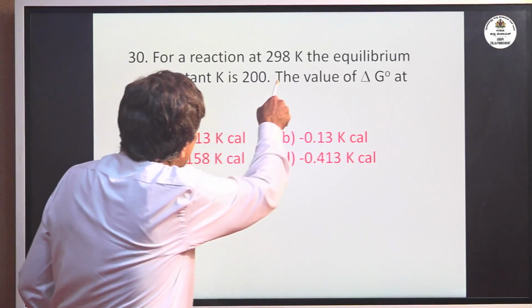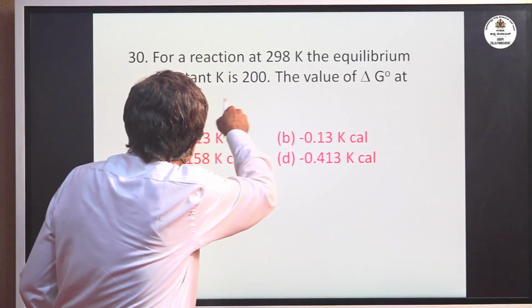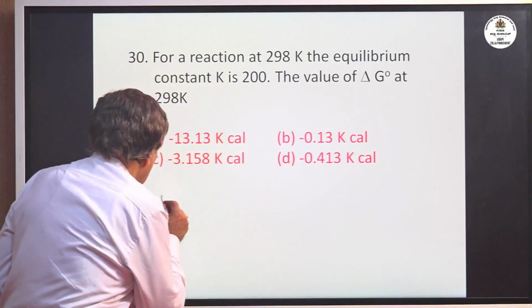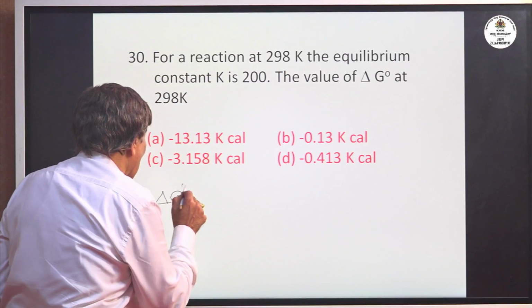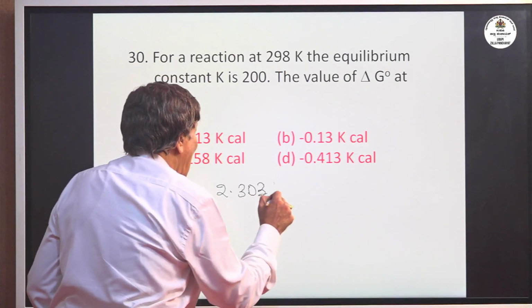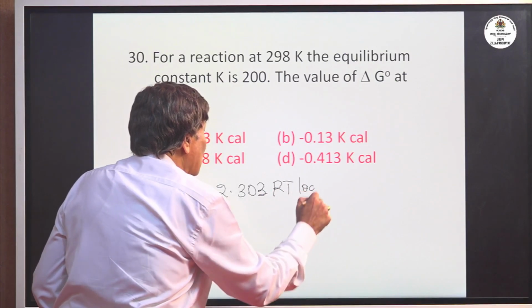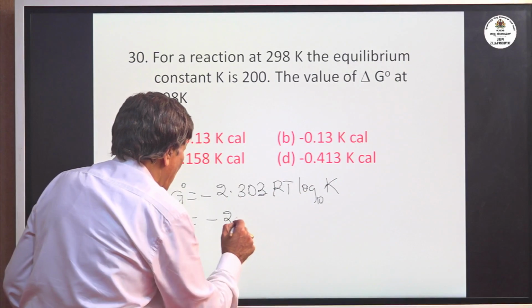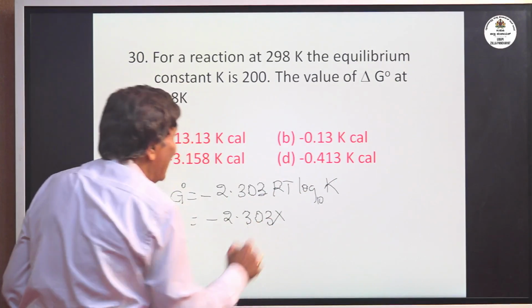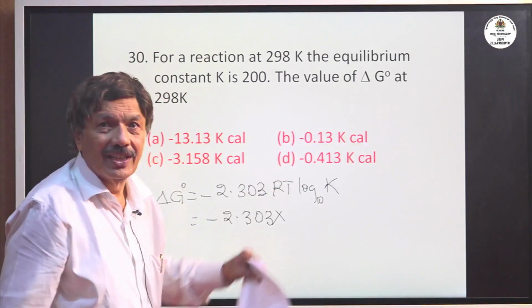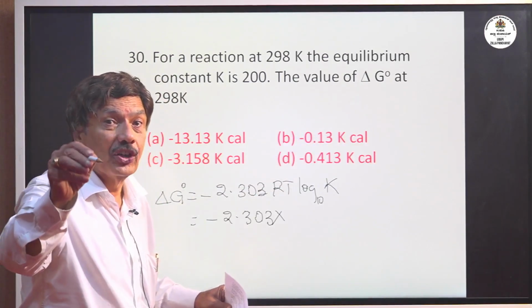For the reaction at 298 Kelvin, the equilibrium constant K is 200. Find the value of delta G naught. Delta G naught is equal to minus 2.303 RT log to the base 10 of K. Here the final answer is in calories, so you have to substitute the R value in calories only.